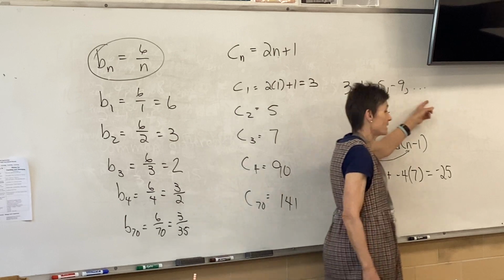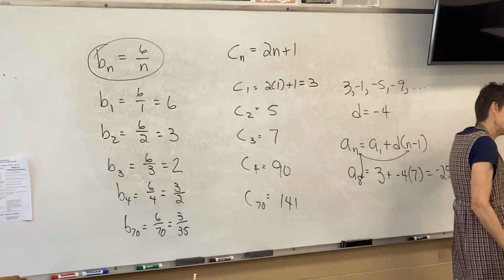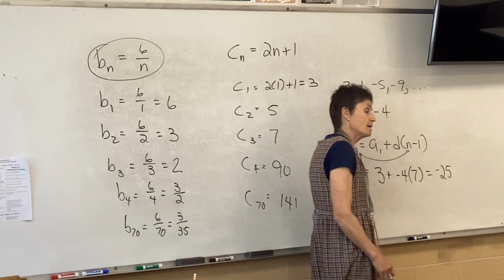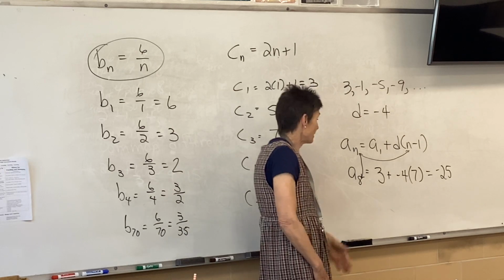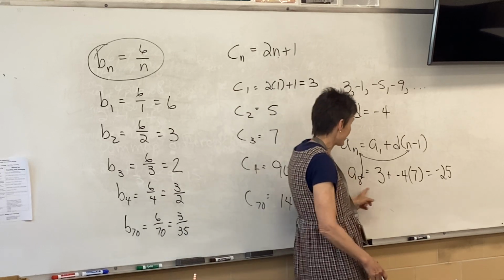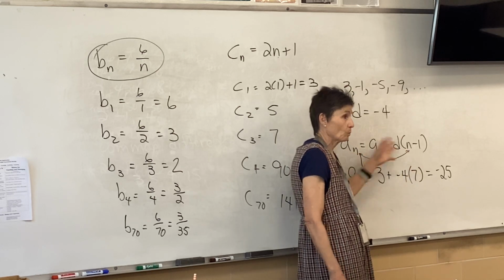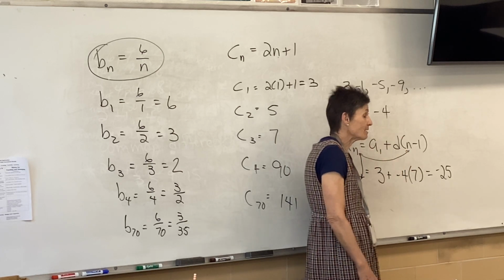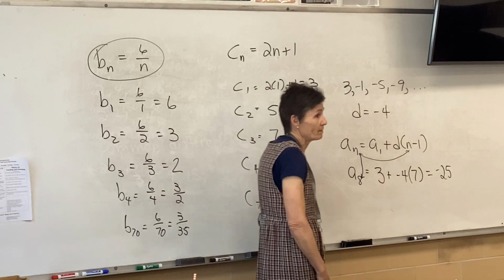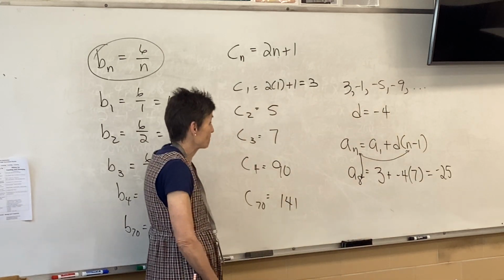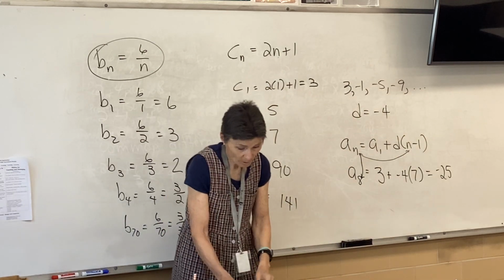I don't think you want to keep writing this out all the way to the 800th term, but does it really matter? If it's the 800th term, wouldn't I just put 800 in here and work out the math? I can find any term I want with my formula. Snap of the finger.